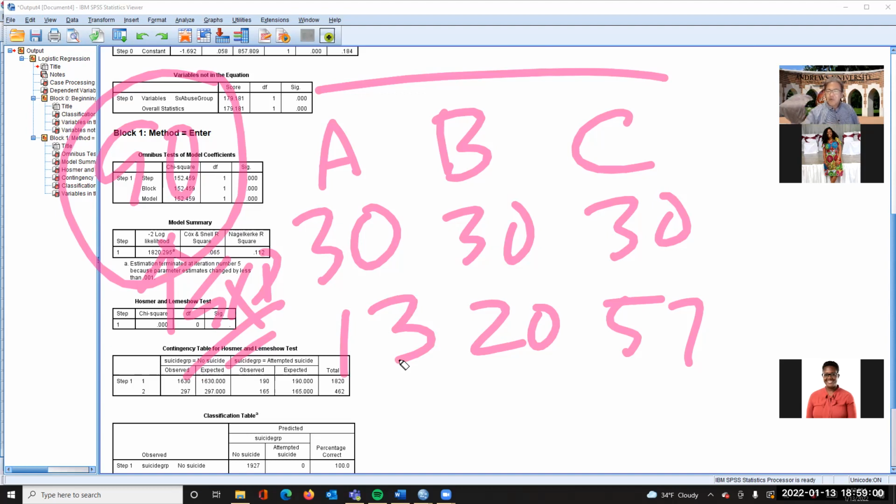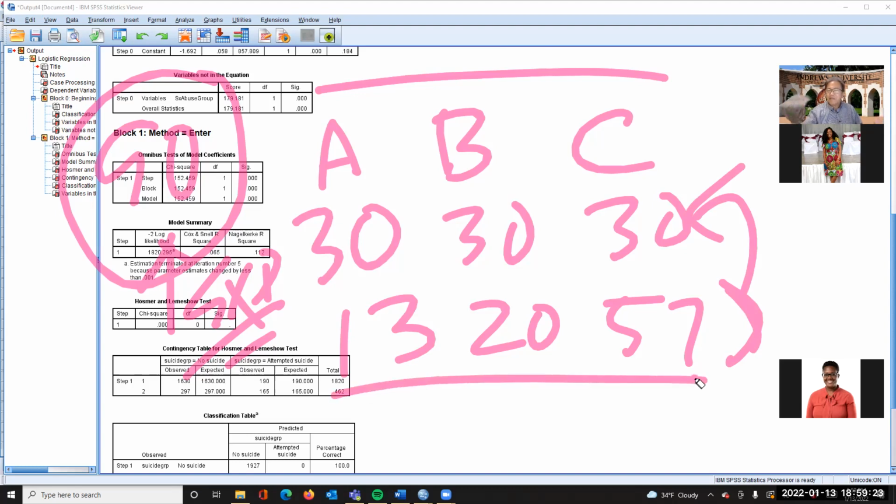In this case, we can see that there is no goodness of fit. In other words, this observation does not fit this. So when you do a chi-square here, you will get statistically significant results, because the observed doesn't fit the expected.